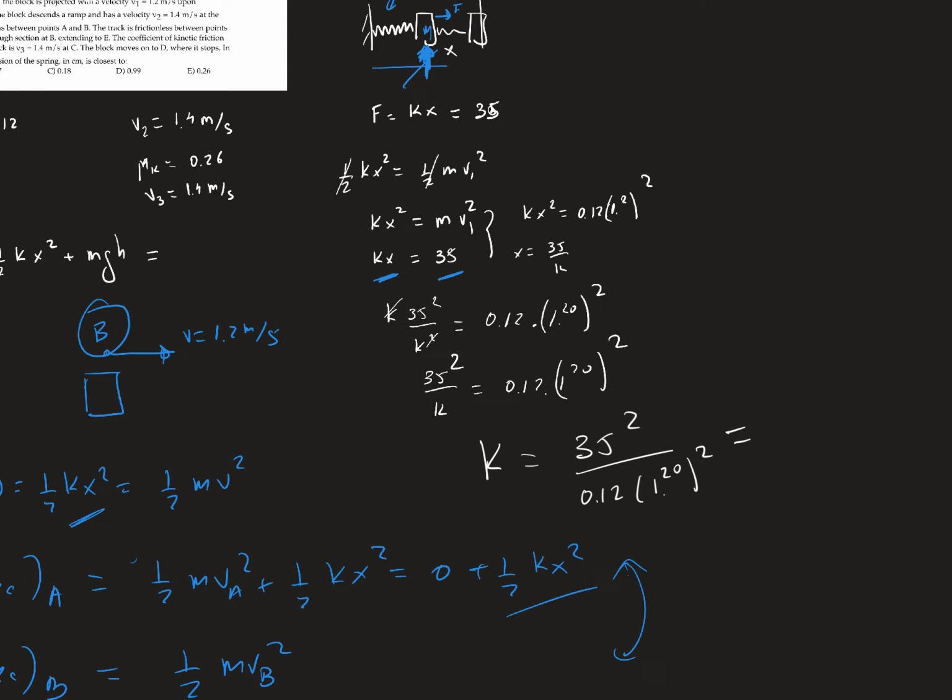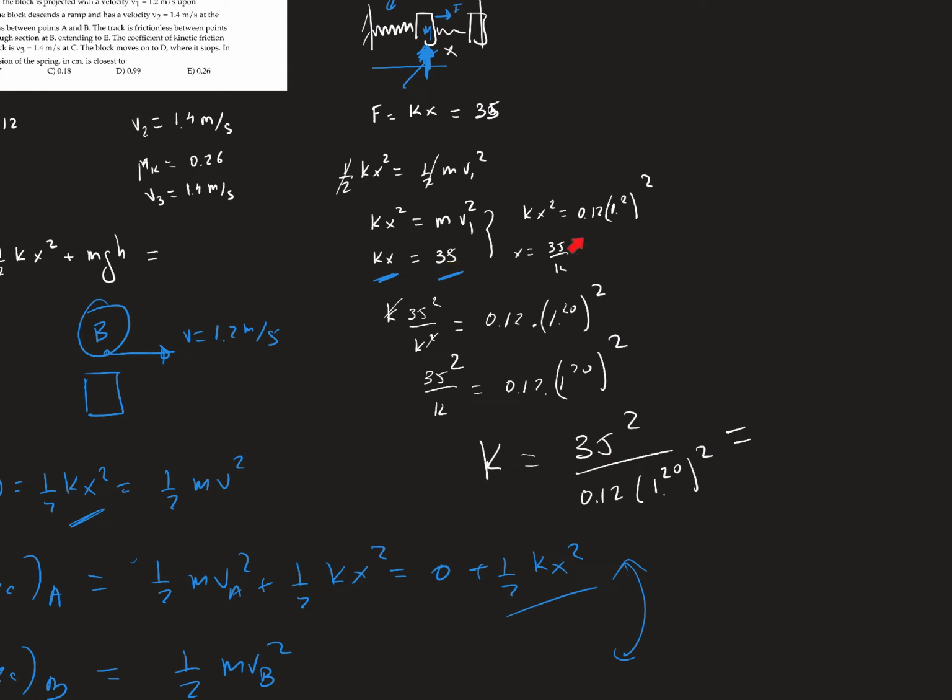Yeah, one second. But I did this problem earlier with a tutor, and we didn't do 35 squared. It was just 35. Well, never mind. That was for finding the x, not for finding the k. Let me see if I made a mistake. kx squared equals 0.12 times 1.2 squared, and kx is 35.